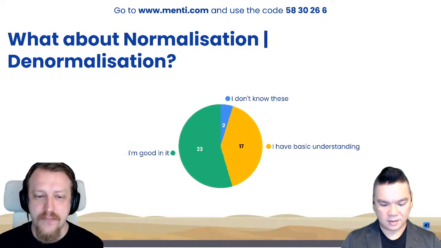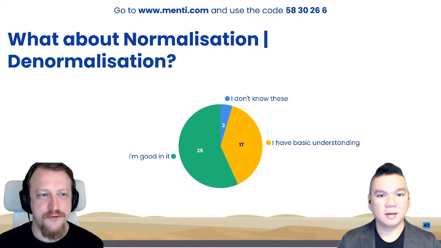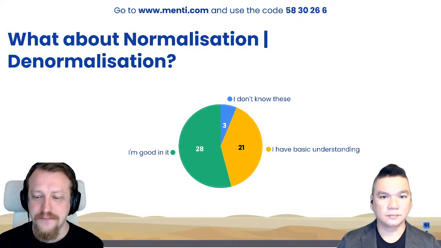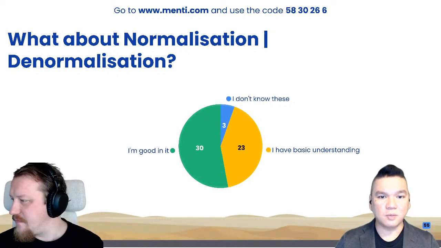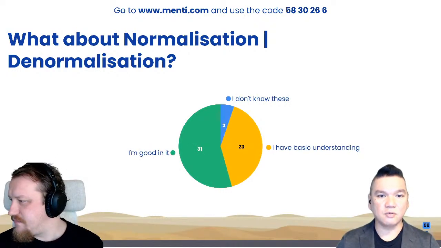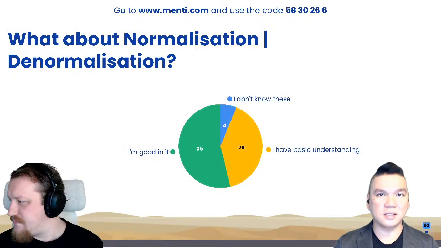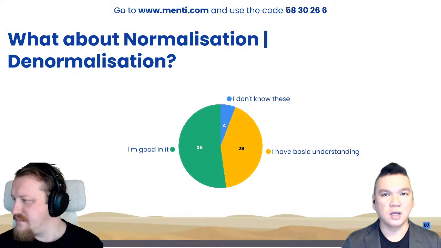And we have some pretty nice distribution here for normalization and denormalization. Now, Ravi asked, is it enough for the developer certification? So you have to do the courses at DataStax Academy to be able to pass the certification.